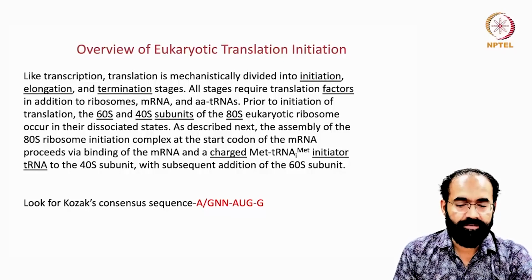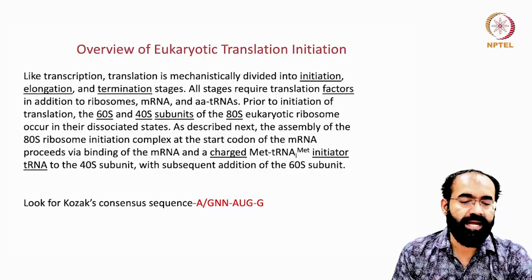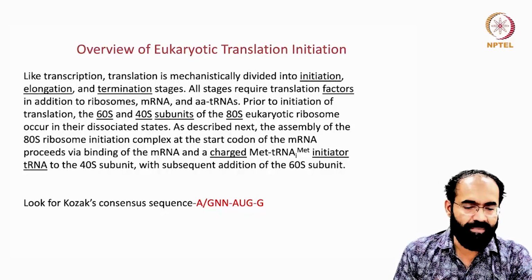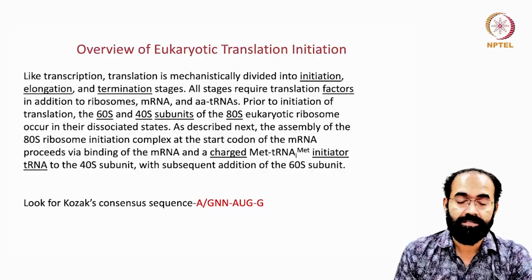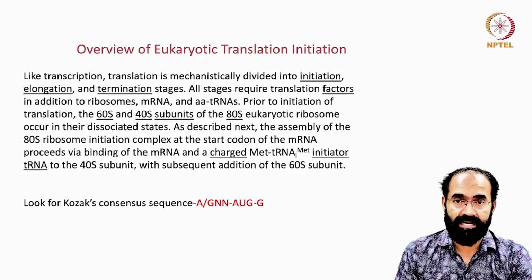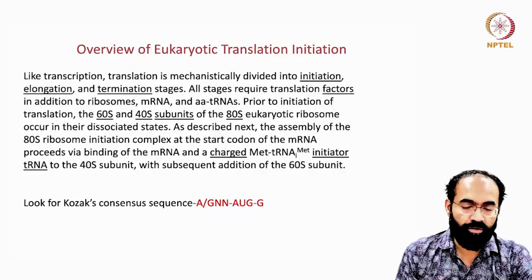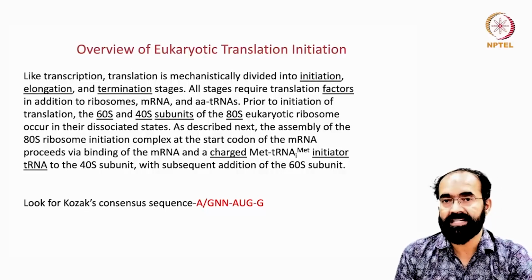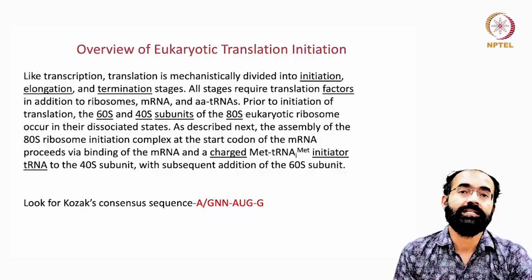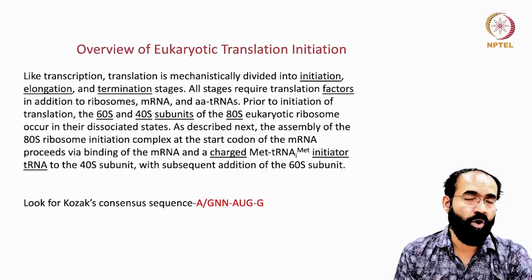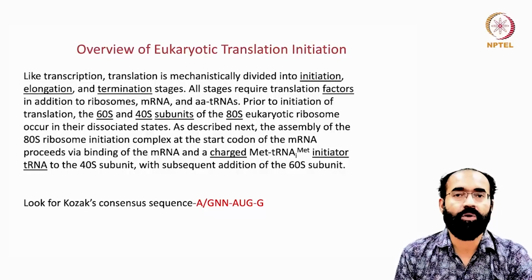As you can see, the assembly of the 80S ribosome initiation complex at the start codon of the mRNA proceeds via binding of the mRNA and a charged methionine tRNA. That means the amino acid methionine is added. That is why it is written as MET, the three-letter name of an amino acid.